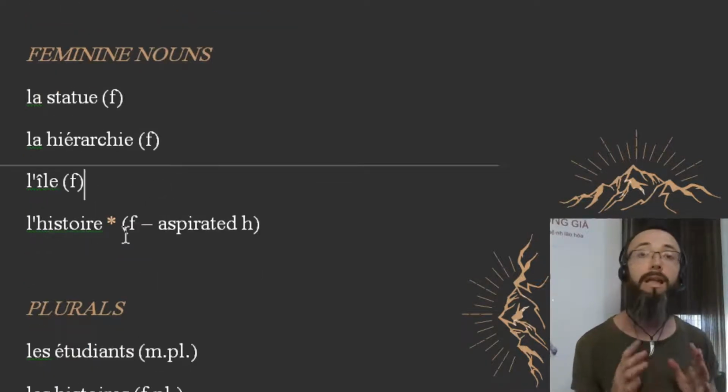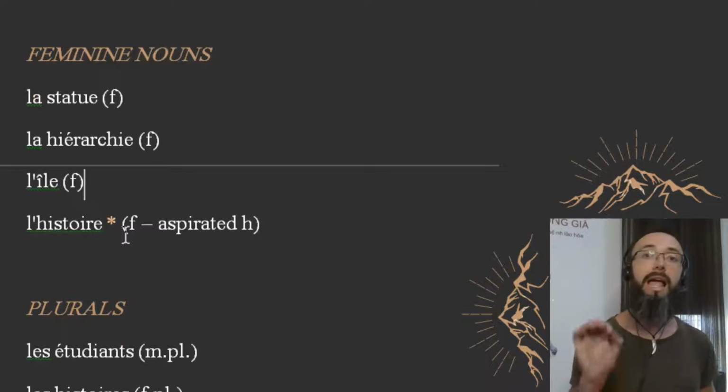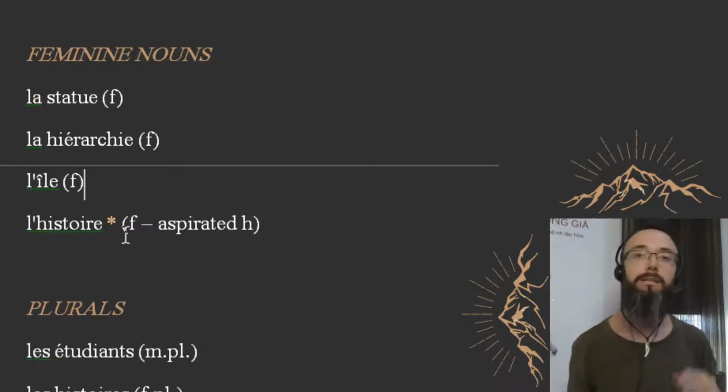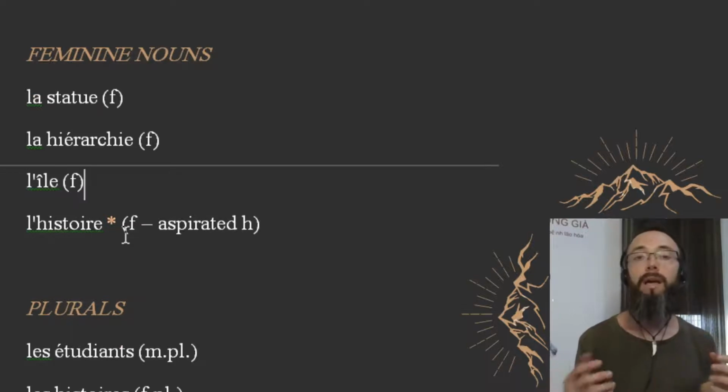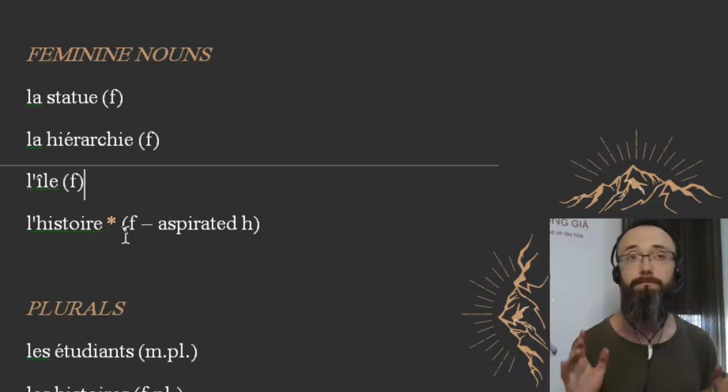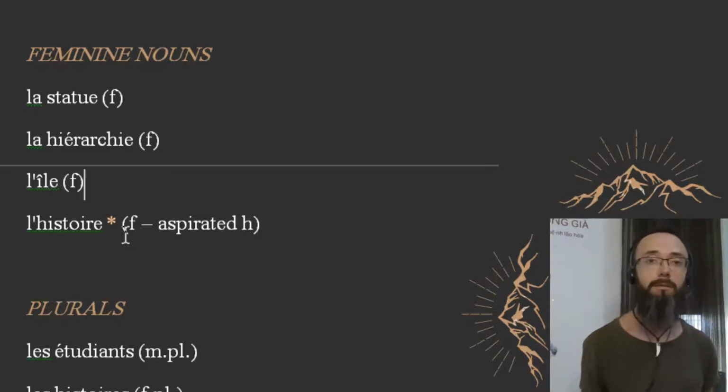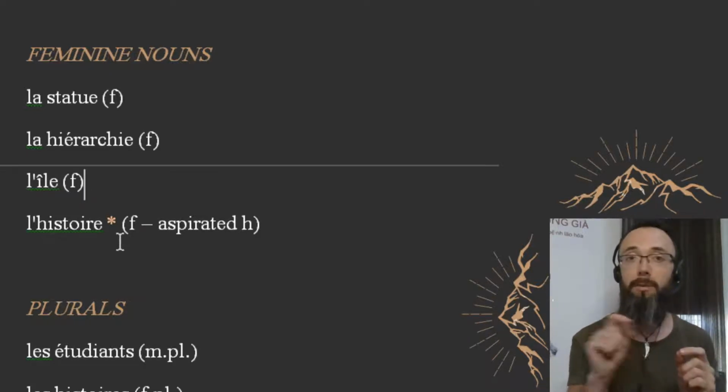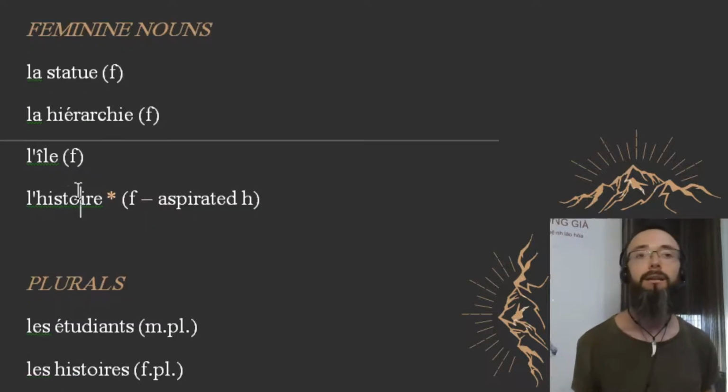So we have an island, l'île. L apostrophe. Why? Because even though île is a feminine word, we have a noun that starts with a vowel. I is a vowel. So L apostrophe. And then finally, another weird aspirated H, l'histoire.